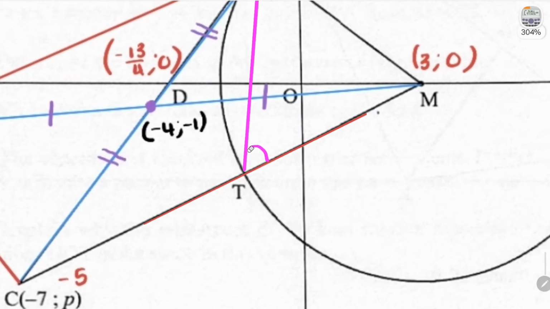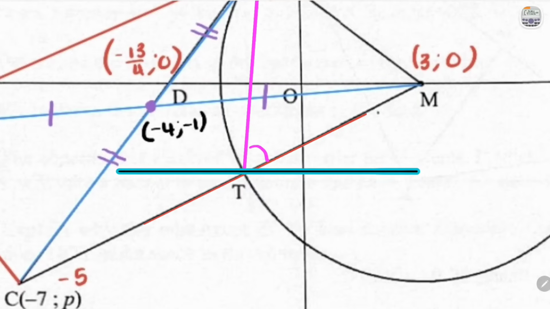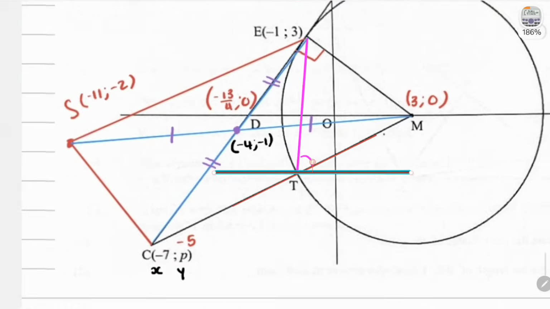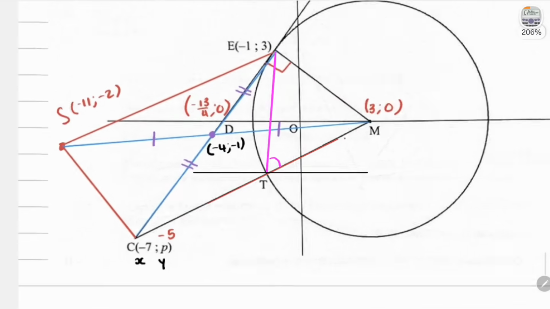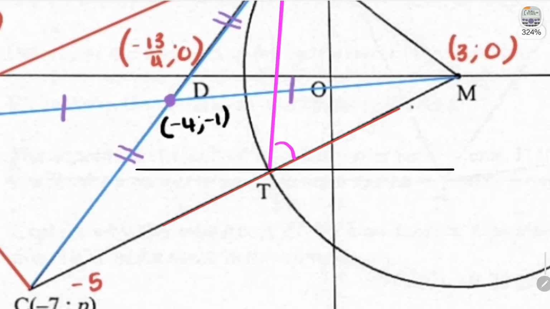And then when you look at this angle, you're going to have to see how it was created. You can start by drawing an imaginary x-axis. Remember, that's just a horizontal line. You draw that horizontal line passing through the point where the angle was created.